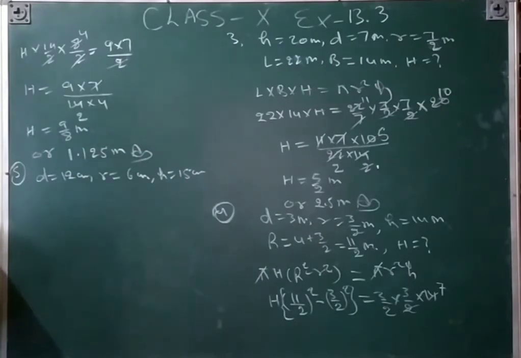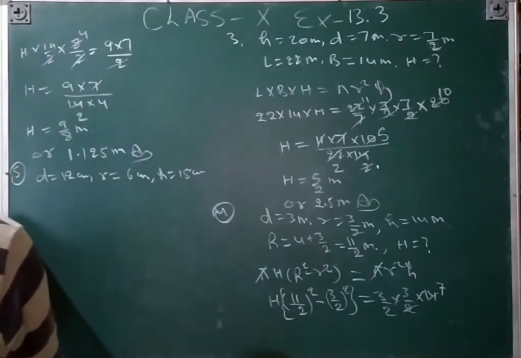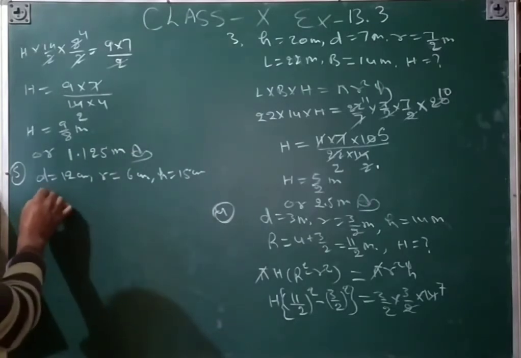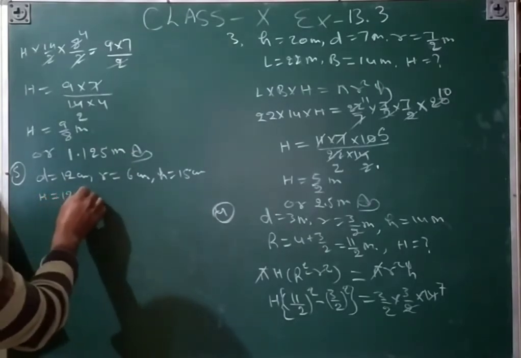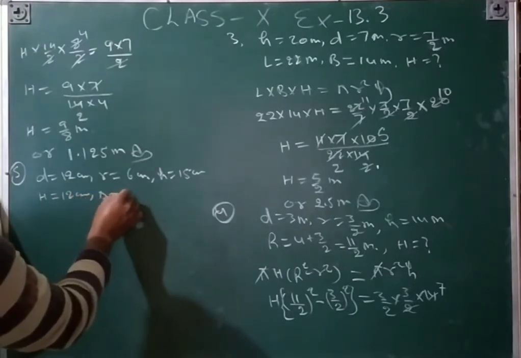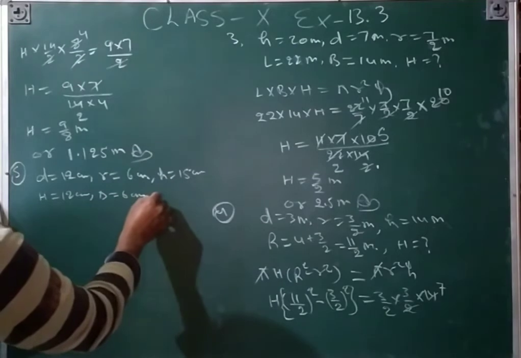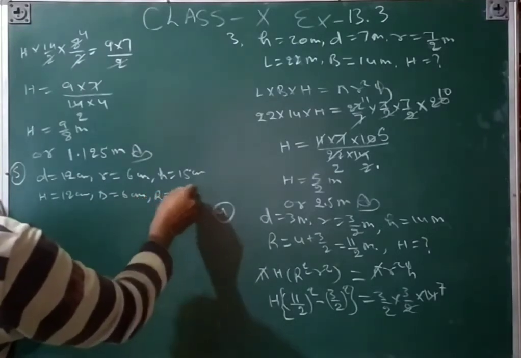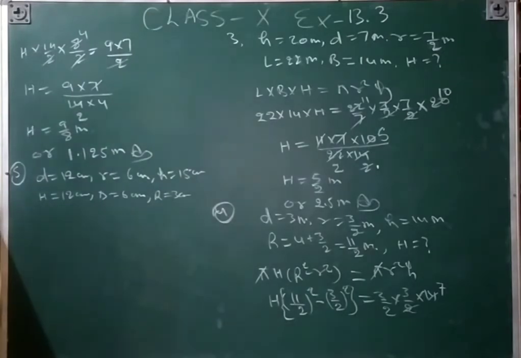The ice cream is to fill into a cone of height 12 centimeter, and diameter is equal to 6 centimeter. It means r is equal to 3 centimeter, having a hemisphere shape on the top. Find the number of such cones which can fill the box.